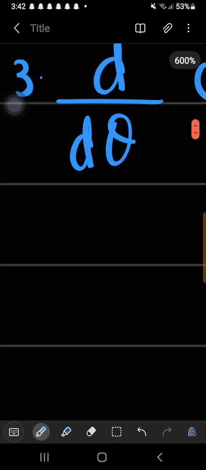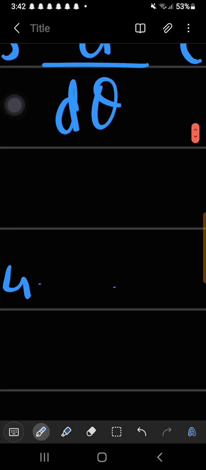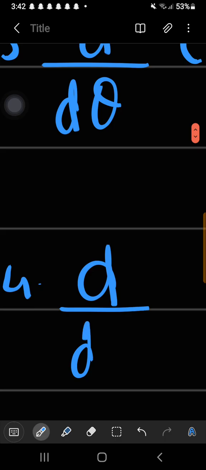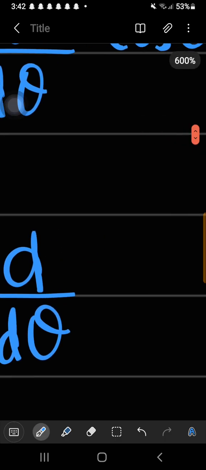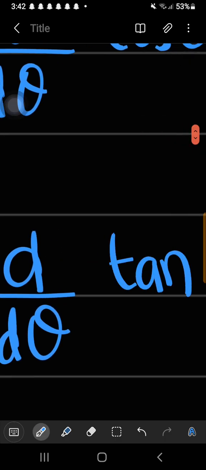So let's move ahead. On the fourth, there is differentiation of tan theta and it becomes sec square theta.